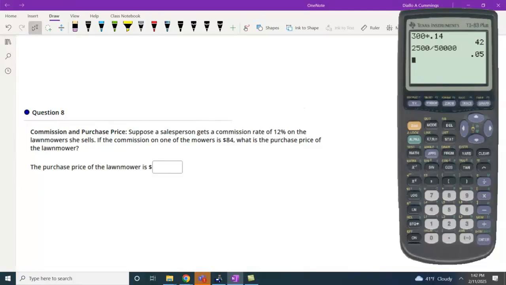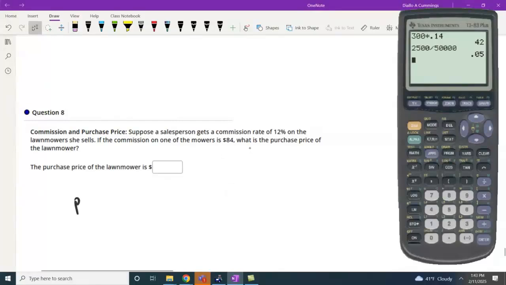Okay, and this is the commission and purchase price application. Suppose a salesman gets a commission rate of 12% on the lawnmower she sells. If the commission on one of the lawnmowers is $84, what is the purchase price of the lawnmower?